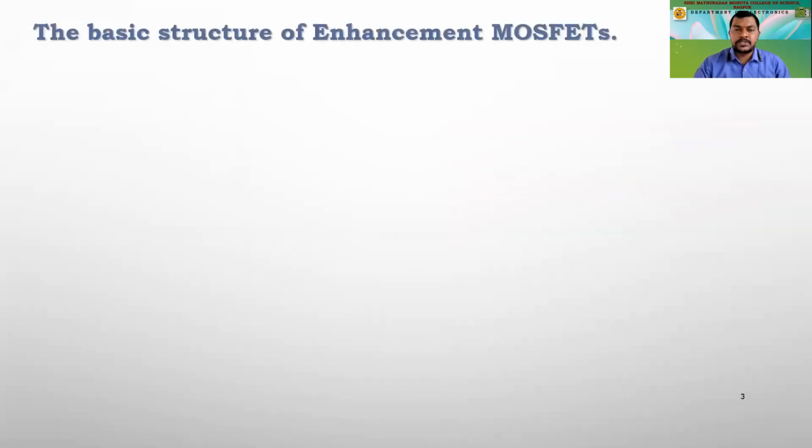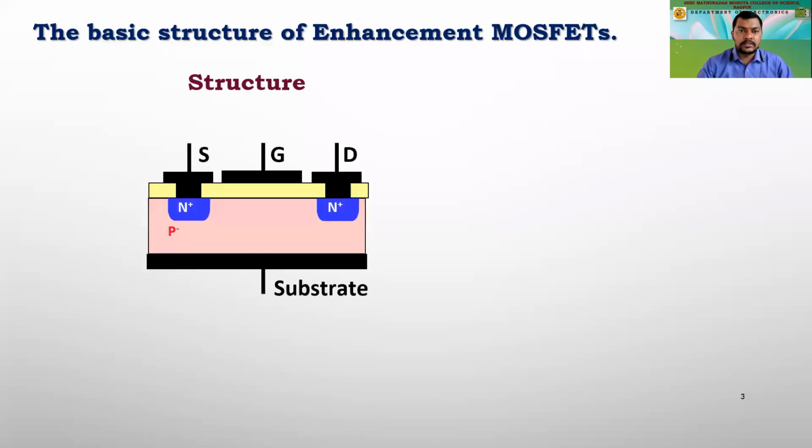So what is the basic structure of the eMOSFET? The basic structure looks something like this. Now you know what is P-type and N-type material. We have a substrate on which a P-type extrinsic semiconductor is doped.